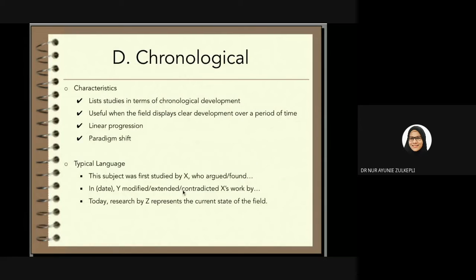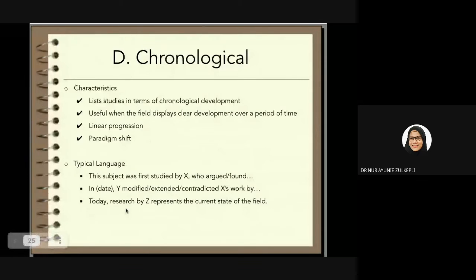Okay, for example, this subject was first studied by X, who argued or found what, and Y then modified or extended or contradicted X's work, and you should mention which date. Let's say this is 2000 and then 2010 and 2021.